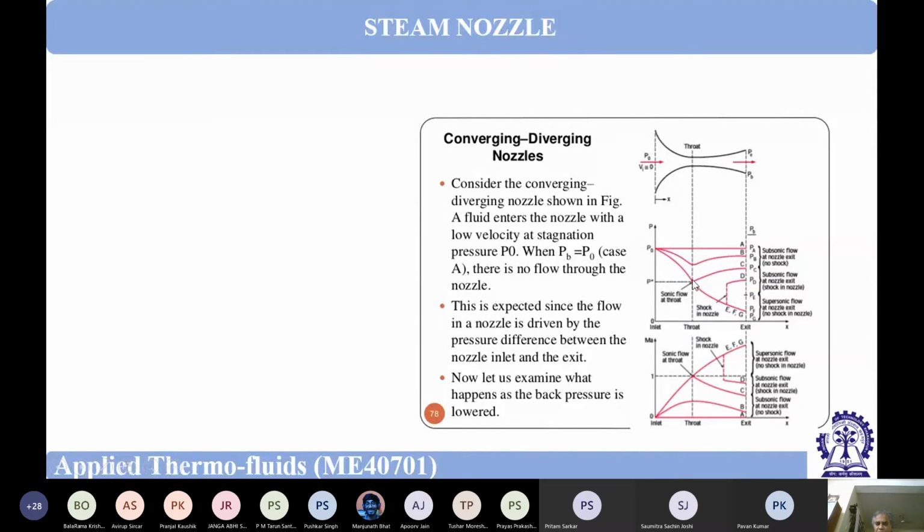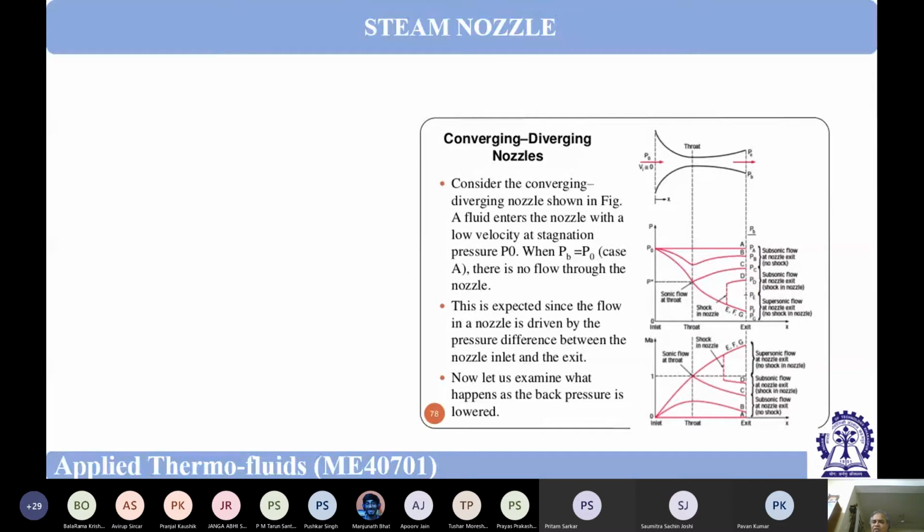One thing you remember: once we have reached the sonic condition, mass flow rate remains constant, but the velocity increases. Thrust, for a rocket or jet engine, as somebody was asking, depends on mass and velocity.